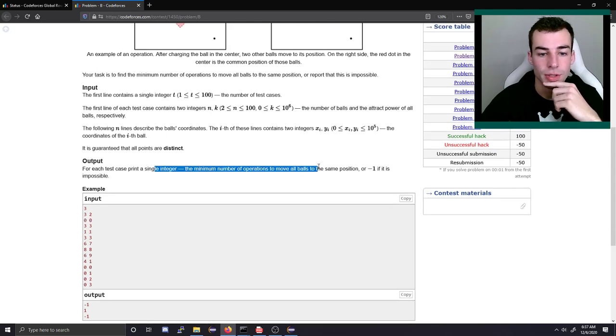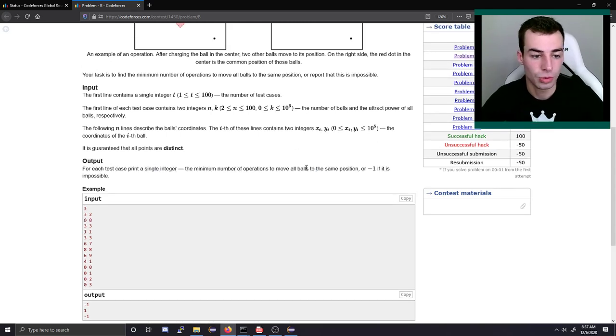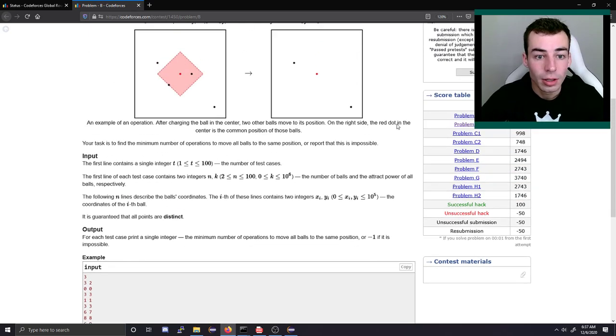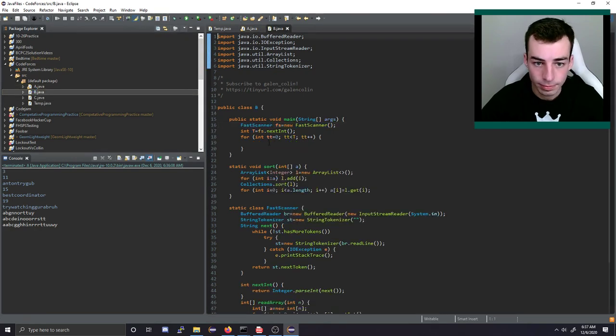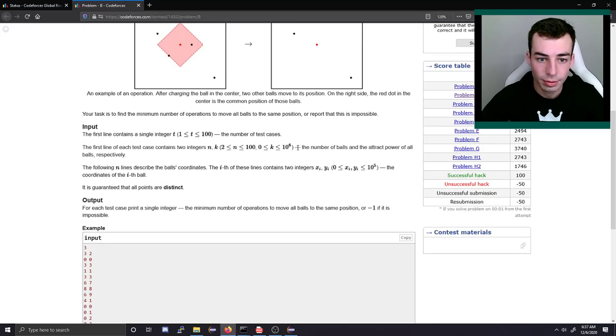So it's always either -1 or 1 or 0. All points are distinct, so -1 or 1. Very good.